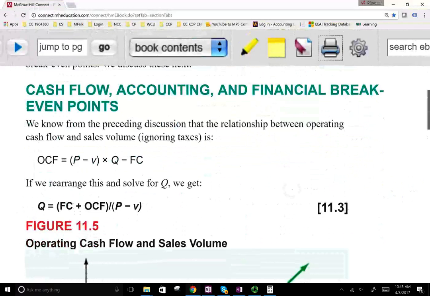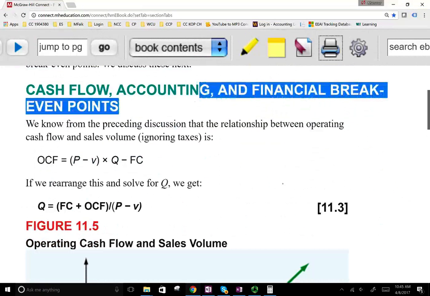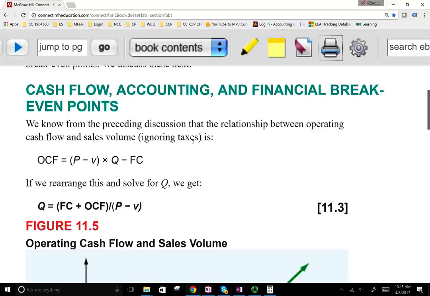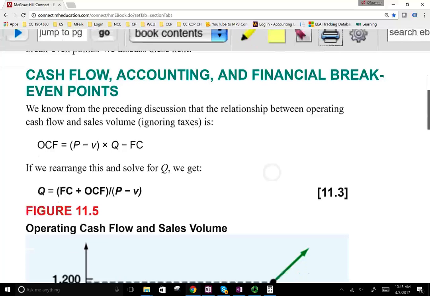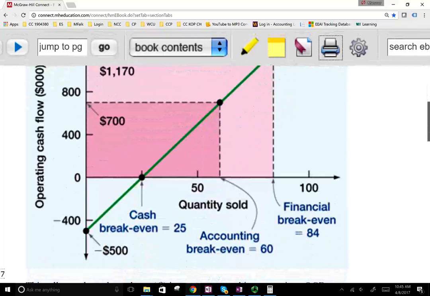Now we're going to look at cash, accounting, and financial break-even. Notice we have many break-evens depending on how you define the break-even point. On a cash break-even basis, it was 25 units.